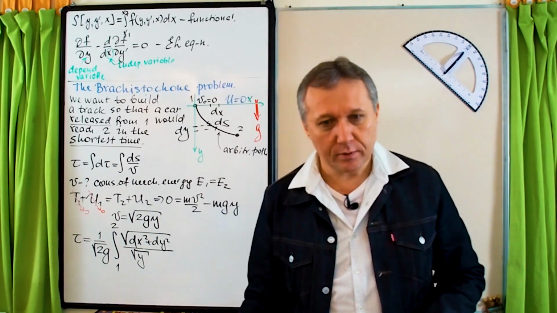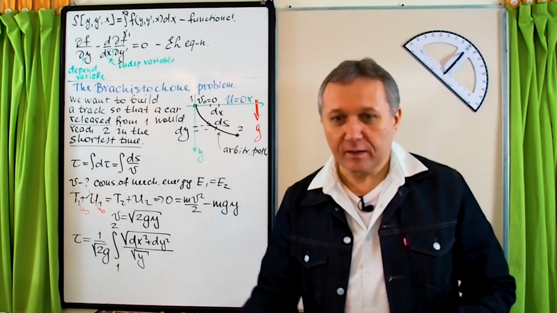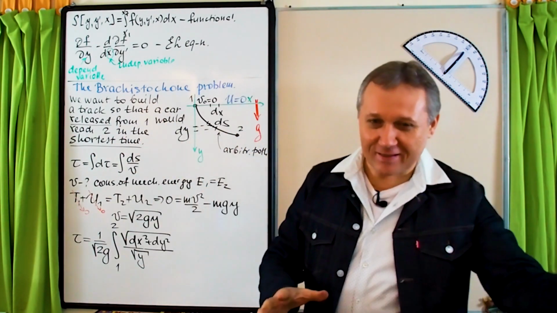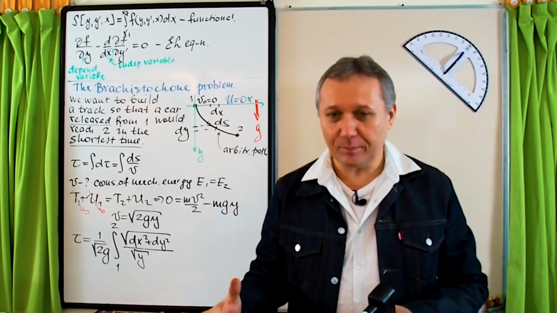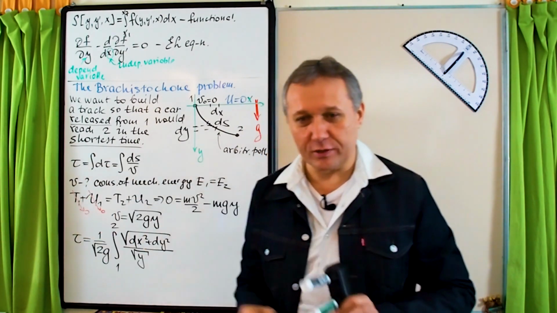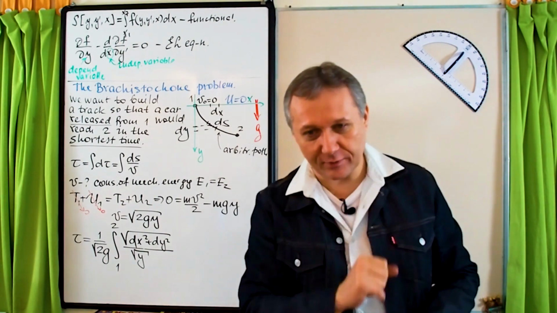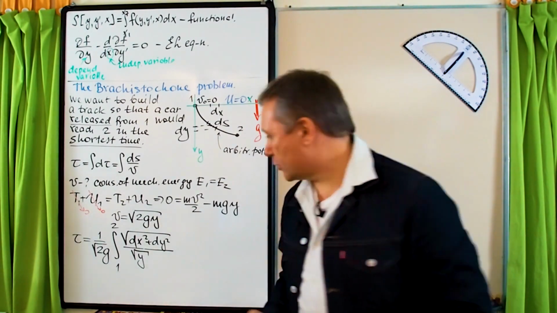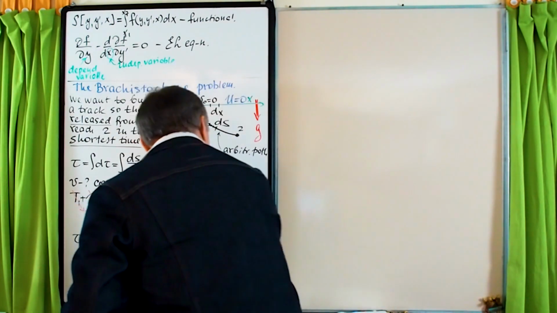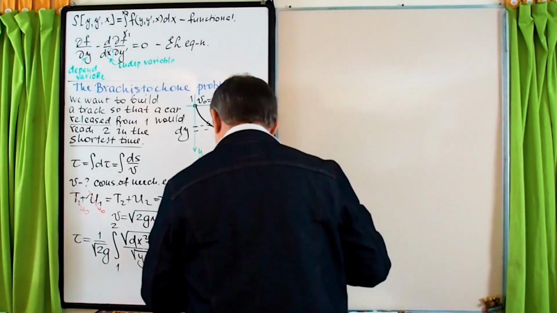Let's try both. It doesn't mean that I will solve the whole problem using this as independent and that as independent, but you will see that at a certain point we will stop, realizing that this approach is easier than that, and significantly easier. Okay, so now let's discuss this dilemma. All right.